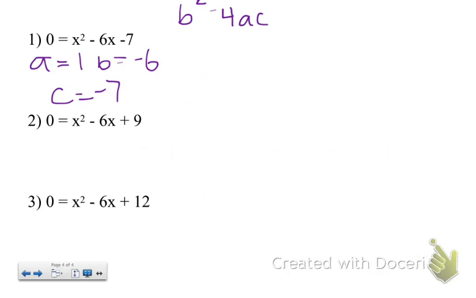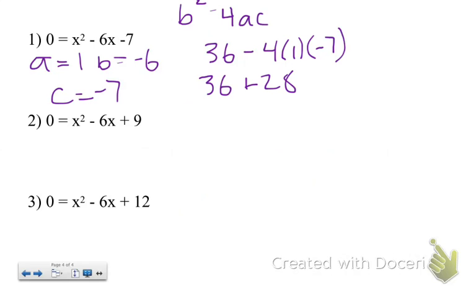So b squared is 36 minus 4 times 1 times negative 7. Negative 4 times negative 7 becomes positive 28. So 36 plus 28, that's definitely going to be greater than 0. So that tells us that this has two solutions.